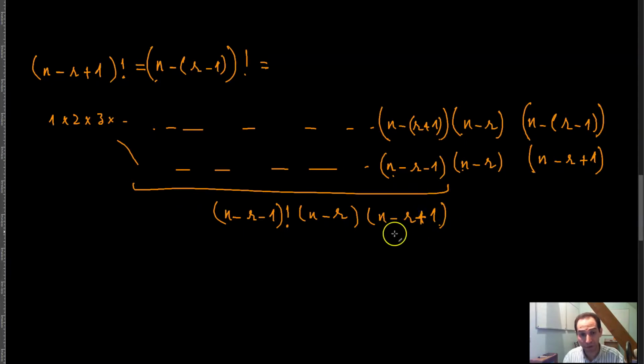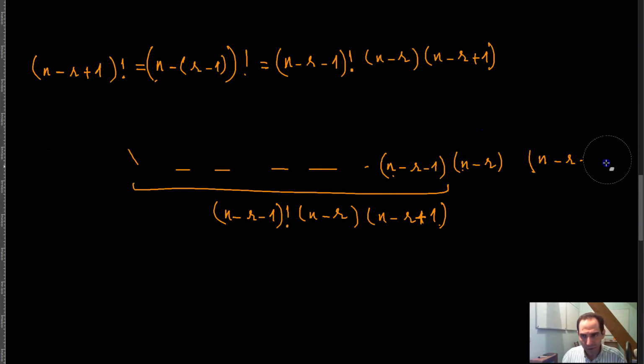And that would be basically this expression that we were looking at. So n minus r minus 1 factorial times n minus r times n minus r plus 1. So that is the first part here.